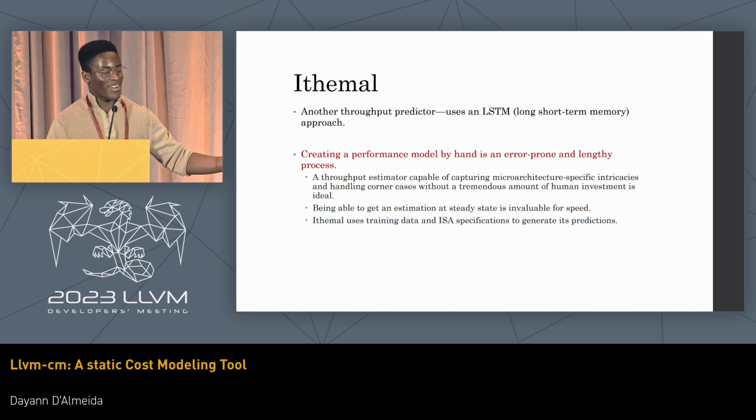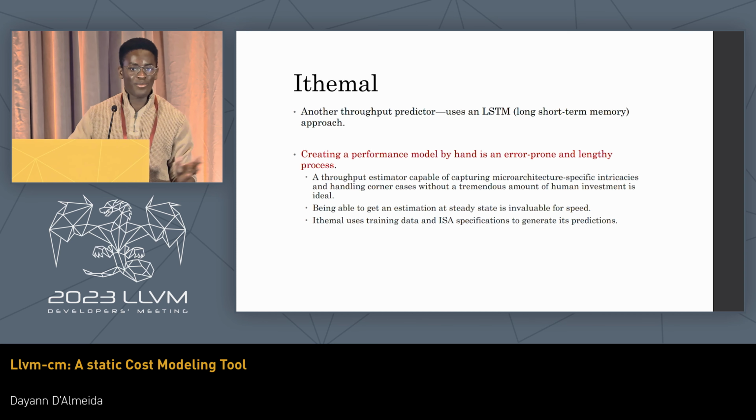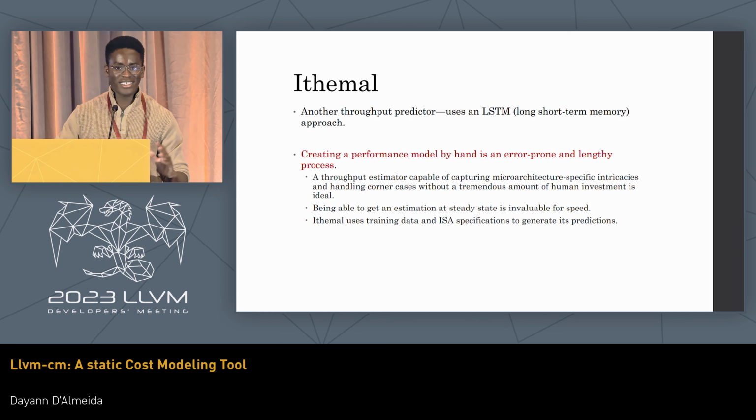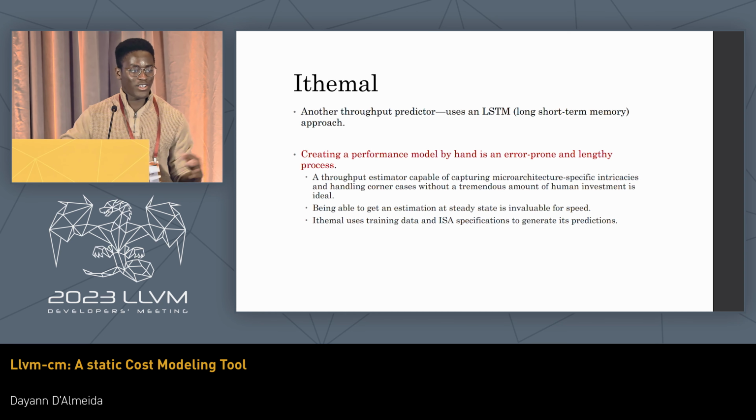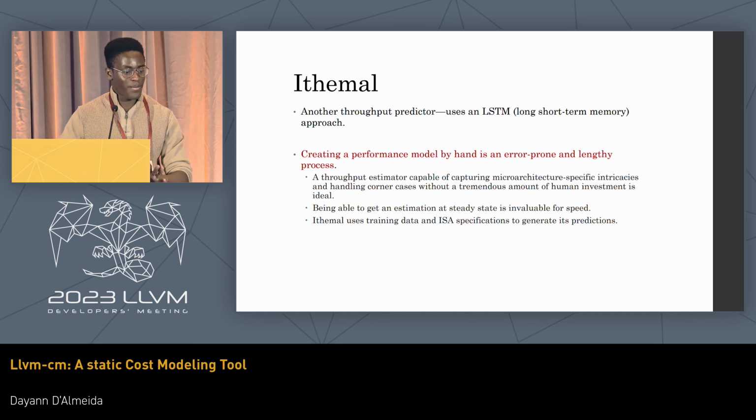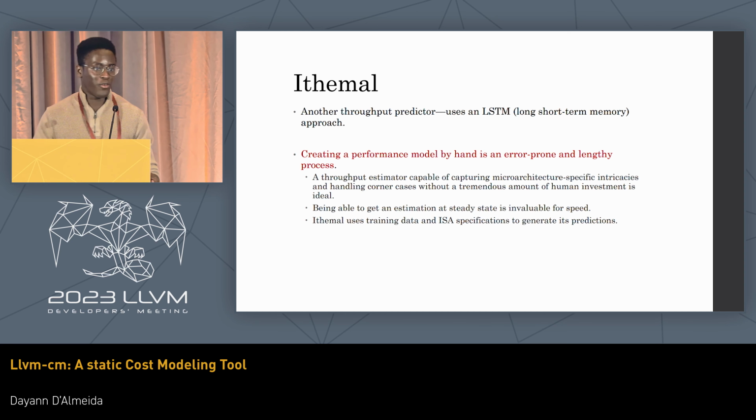So then we talk about ITHEMO, moving closer to what CM tends to fall in. It's another throughput predictor, and it uses an LSTM. The entire point of using a machine learning model is that Weka created the performance model by hand, which is a very error prone, very lengthy process.